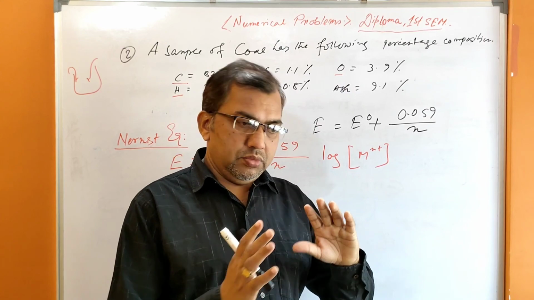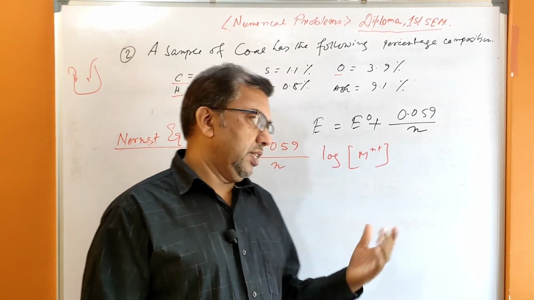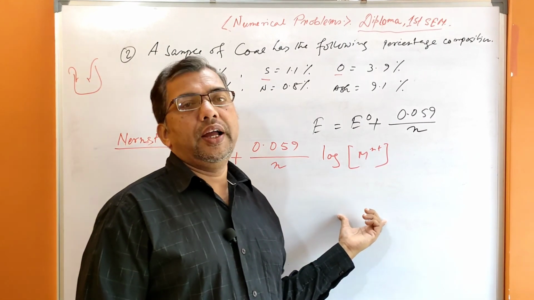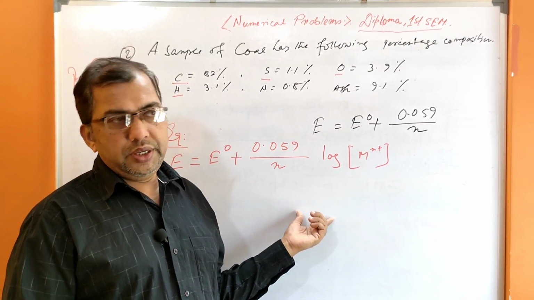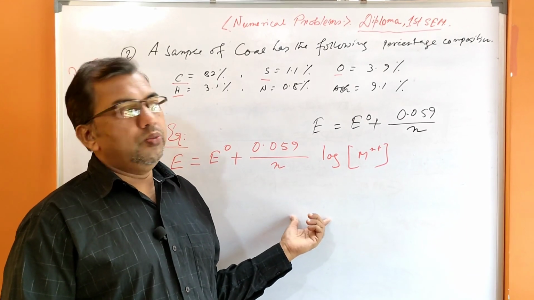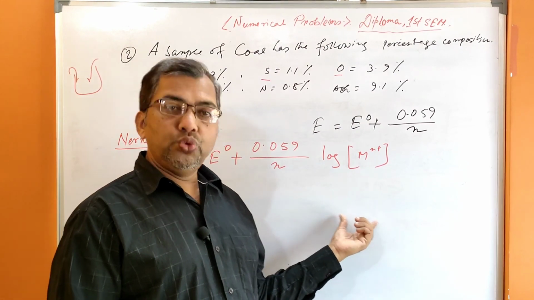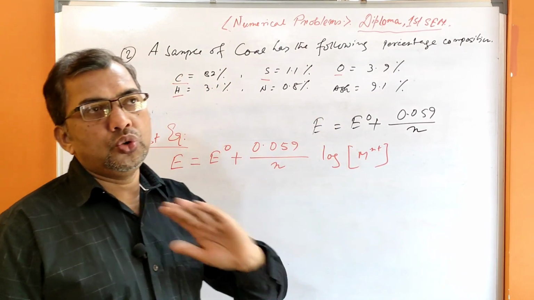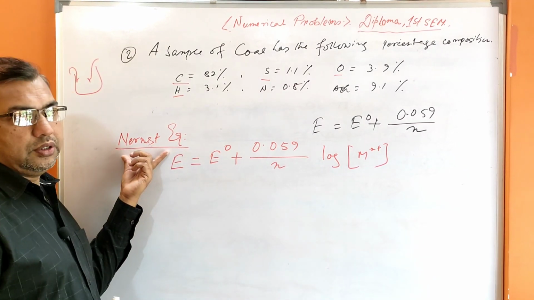So I shall try to draw my ends after that sum. One thing I am telling you: some of the students who are very interested in doing more extraordinary sums, for those students you can also go through the example of sums of Nernst equations in classes.